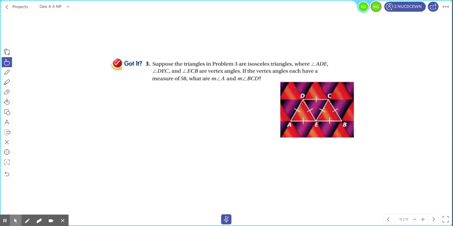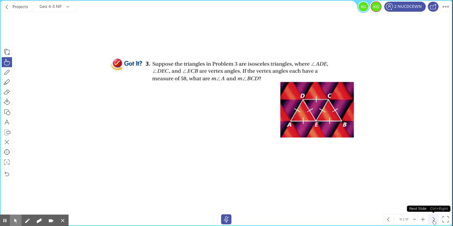It won't be congruent to the legs anymore. And the vertex angles each have a measure of 58 degrees. Then you have to figure out the measure of angle A and the measure of angle BCD. Think carefully about that one.